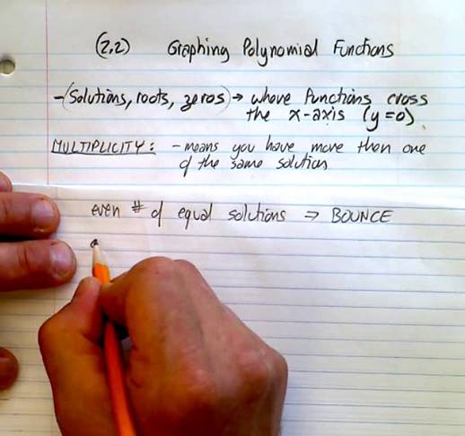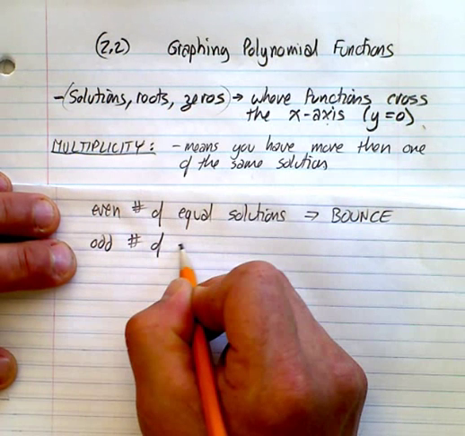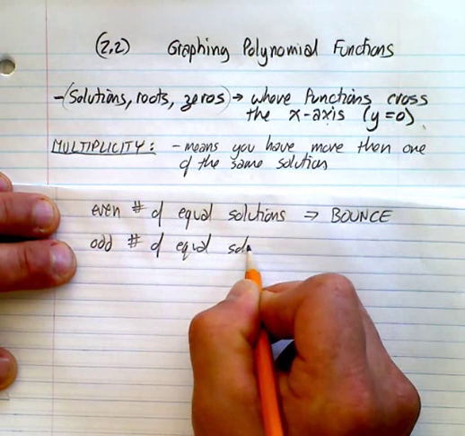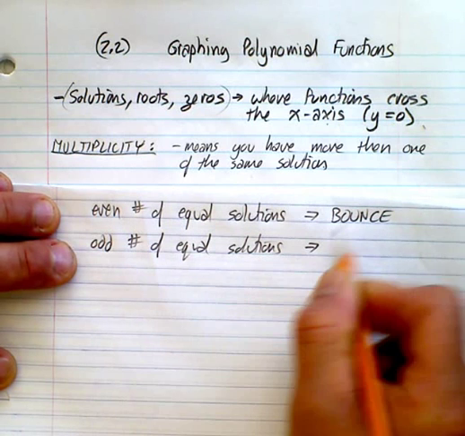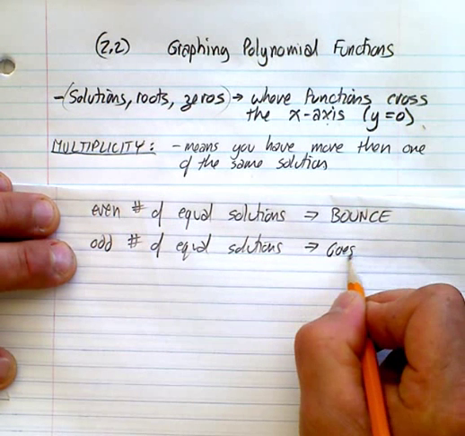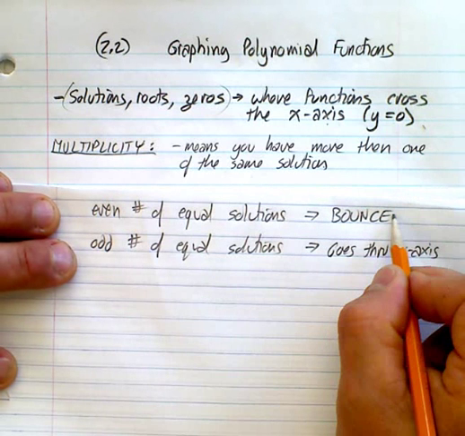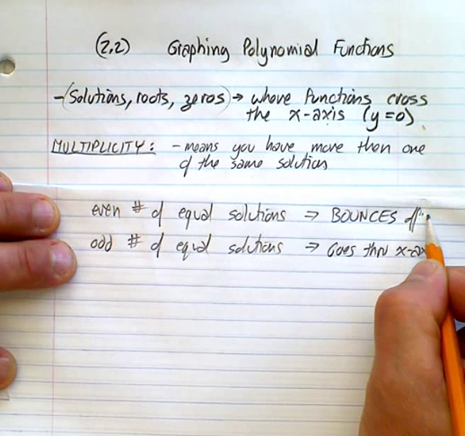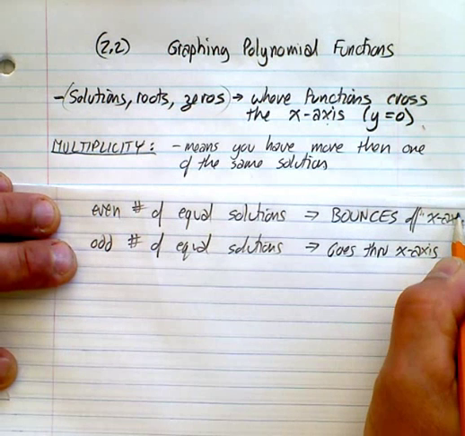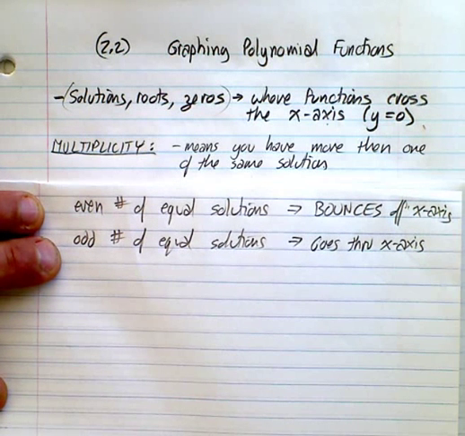And if you had an odd number of equal solutions, okay, it goes through the x-axis, and this one bounces off the x-axis, okay? It bounces off the x-axis.